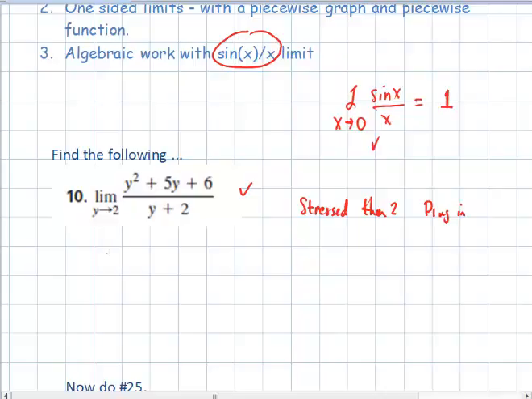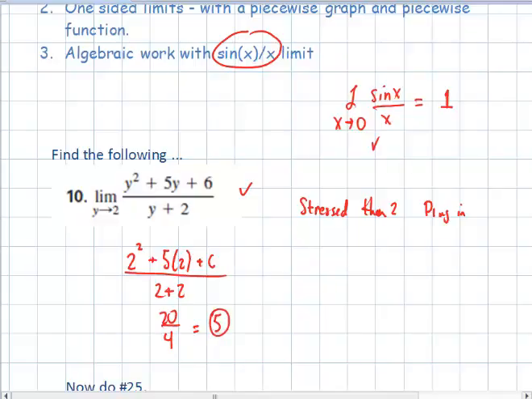So what we're going to do here is we'll just plug in. So we'll have 2 squared plus 5 times 2 plus 6, all over 2 plus 2. And this limit will equal 4, 10, 16, 20 over 4, which is going to the value of 5.